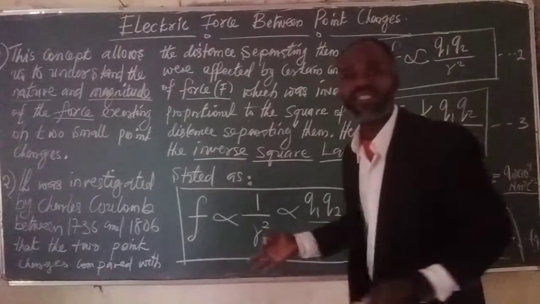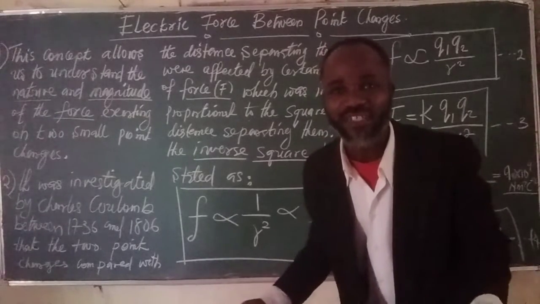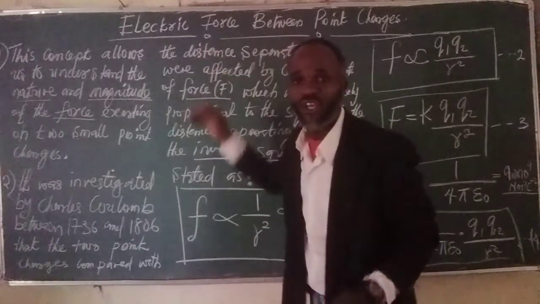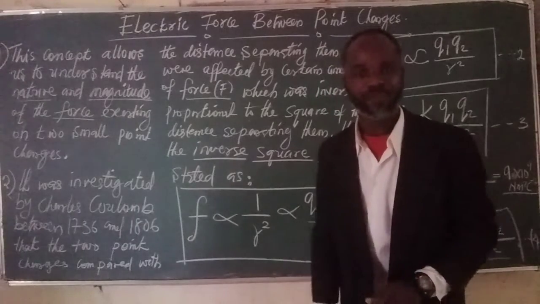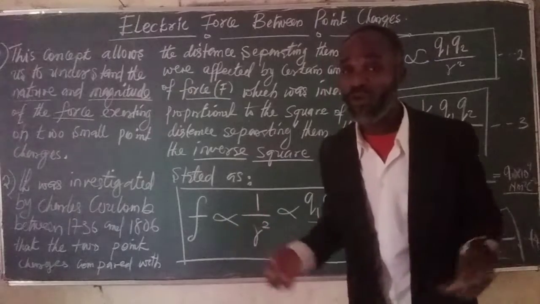This is what Charles Coulomb came up with, and today it finds wide applications as far as electric force is concerned, and as far as science in general is concerned. Alright? So with this concept, we can go a long way.